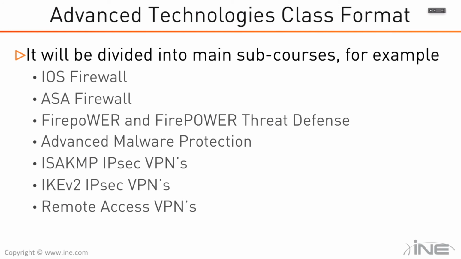So as we go through the blueprint, we're going to speak in more detail about this. But the main idea is that you're not going to have a very long list of topics in the ATC. It is going to be subdivided into main sub-courses.